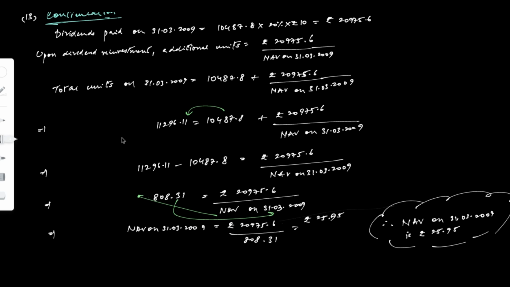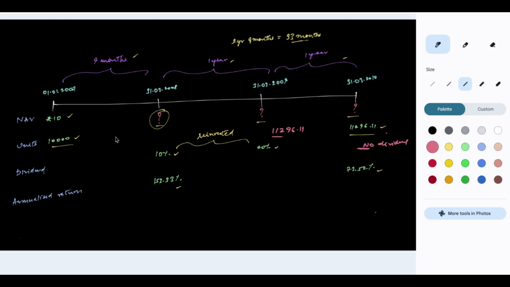Next, this is 20.5, this is 25.95, and now we have to find out this. What is given? Annualized return is given. Now in this case, what is the annualized return formula?